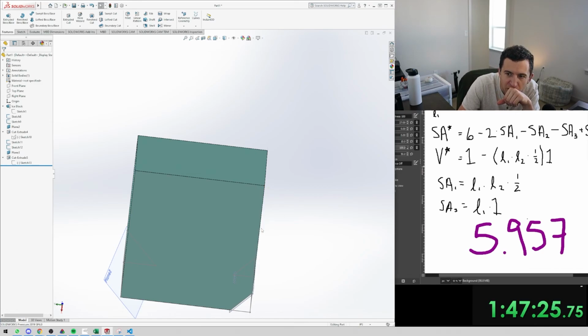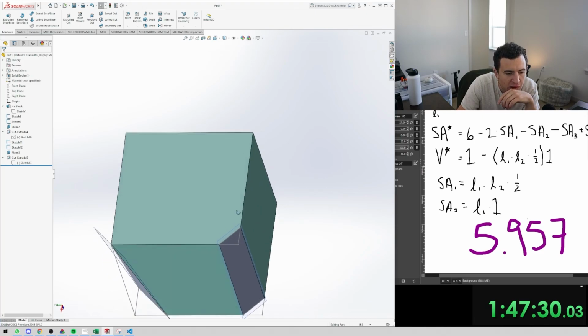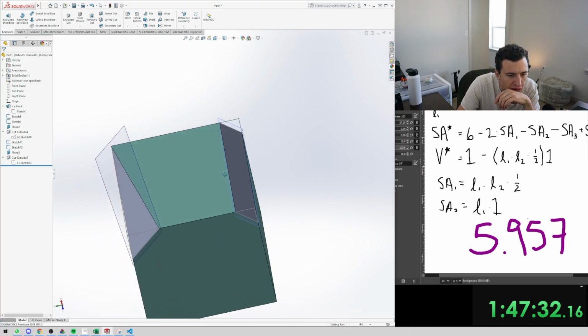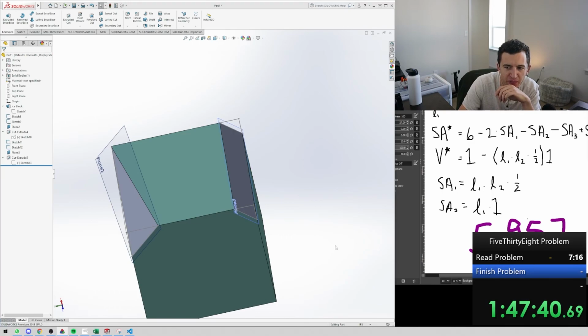Oh man, I wish that there was, what would have been a cool way to do this, and what I bet somebody else will be doing, who doesn't have a timer in front of them, is find a way to calculate the surface area and volume of a shape just given vertices.